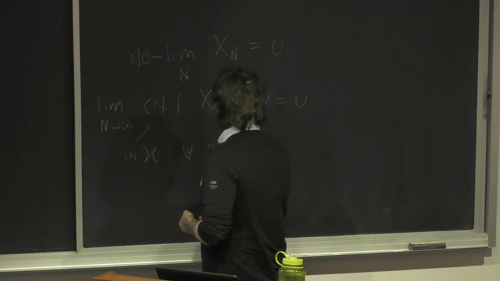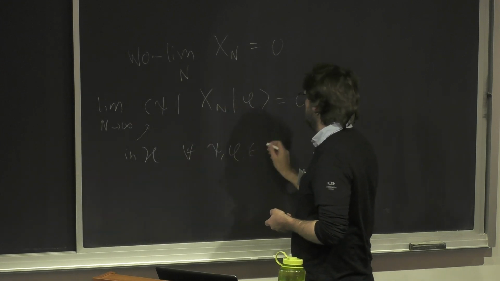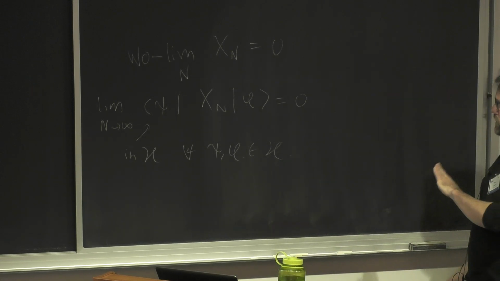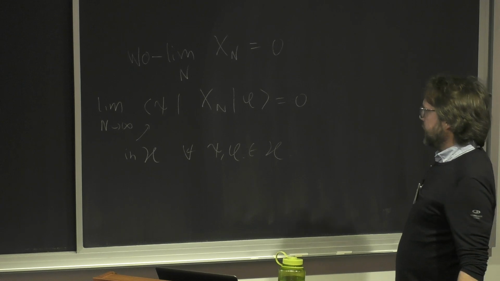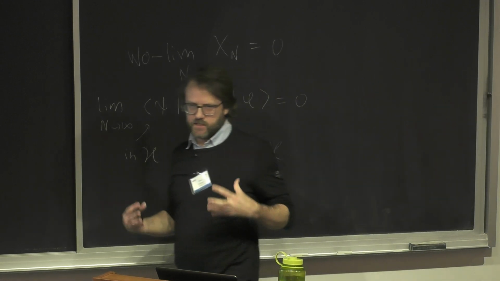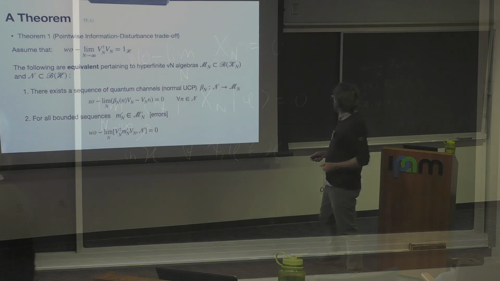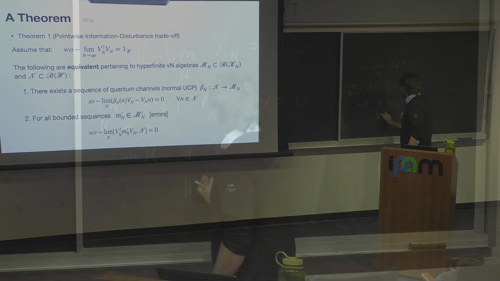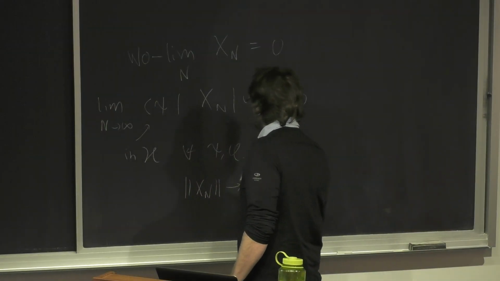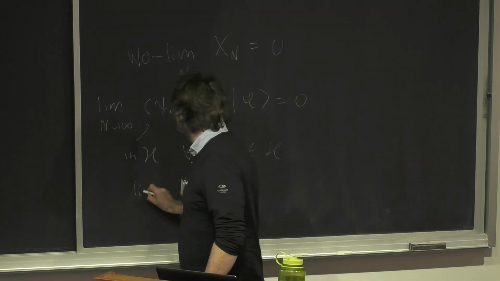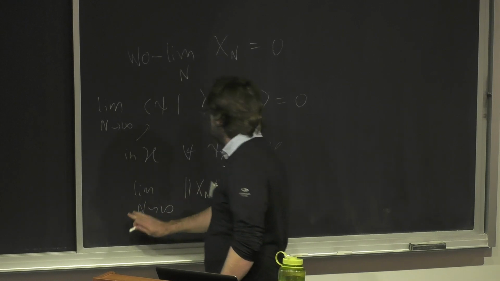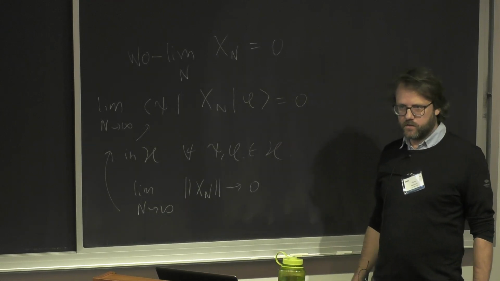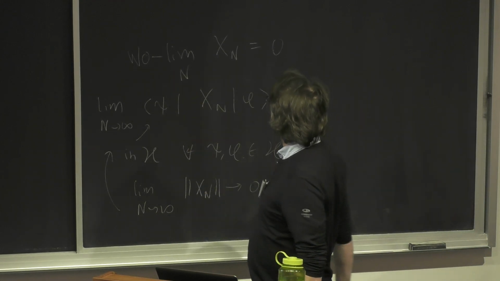And this is for all fixed states in H. So this is the weak operator limit, and it's just telling you that matrix elements are limiting, right? In infinite dimensions, this is not equivalent to the statement that x_n in norm goes to 0. So these are not equivalent. Of course, norm convergence implies this, but not the other way around. Okay?